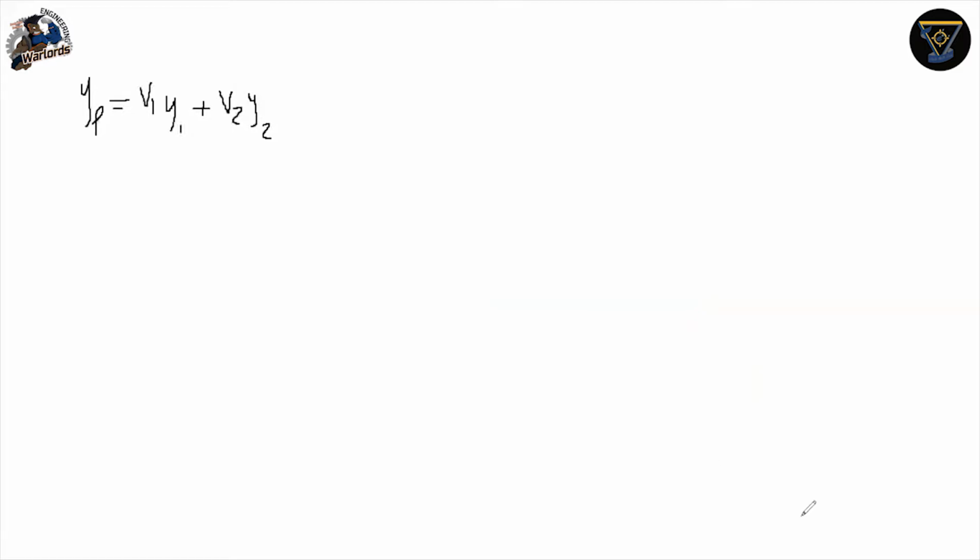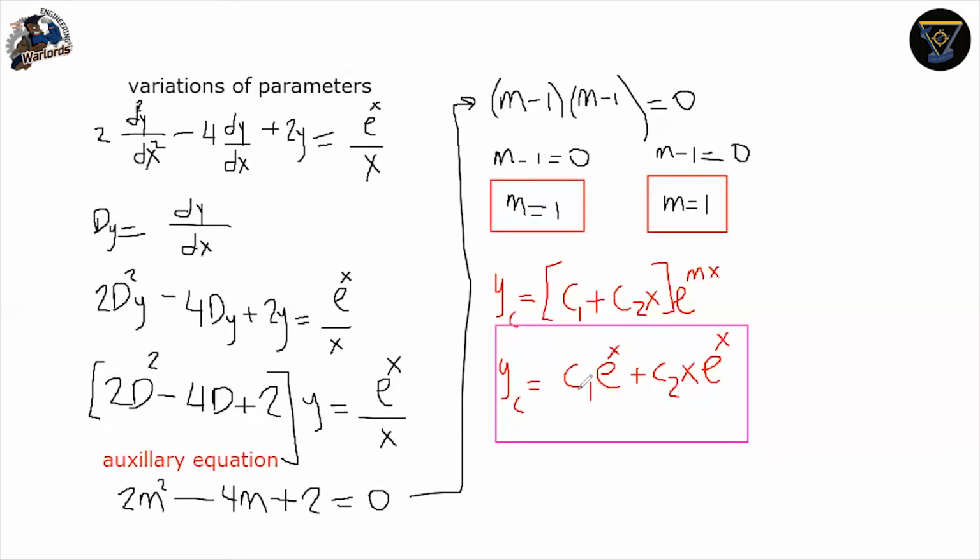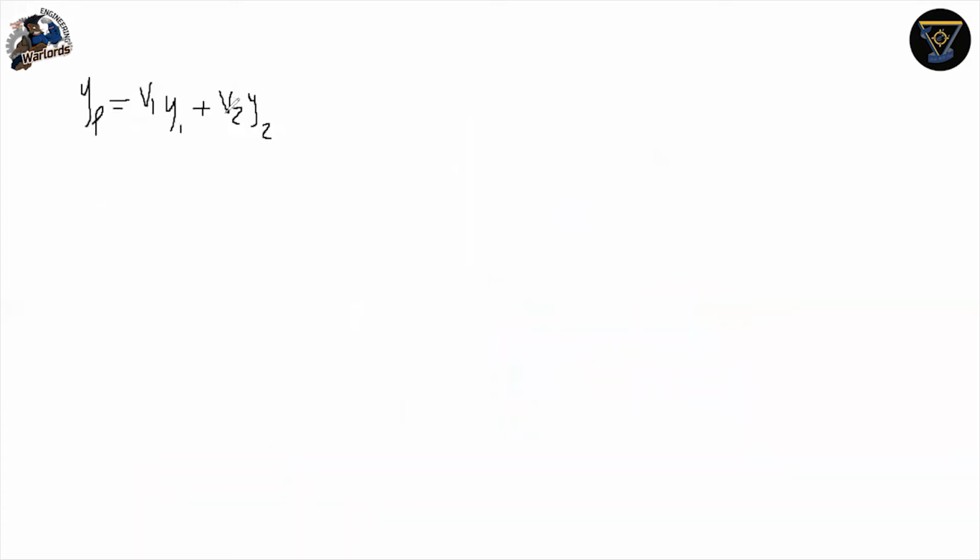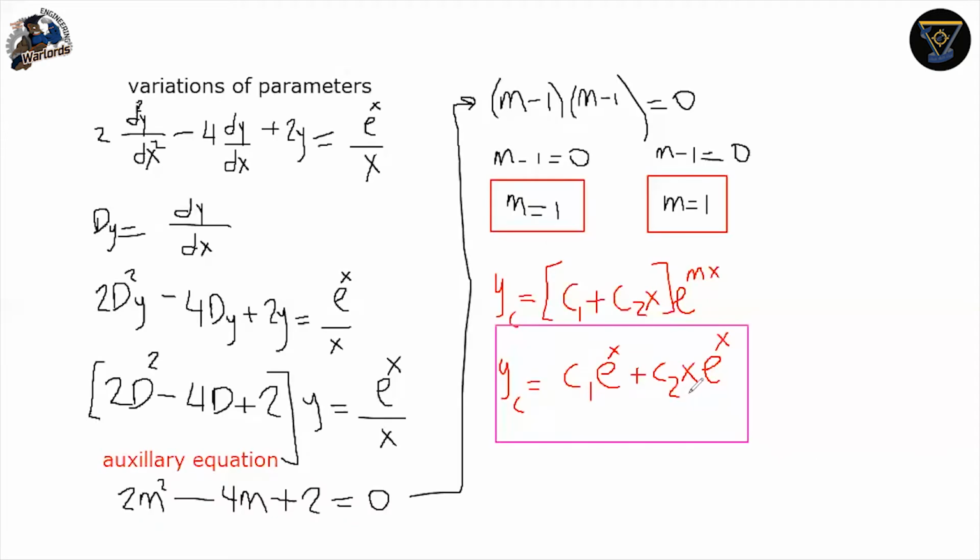If you compare, we're saying that V1 is C1 and Y1 is e to the x, and V2 is C2 and Y2 is xe to the x.